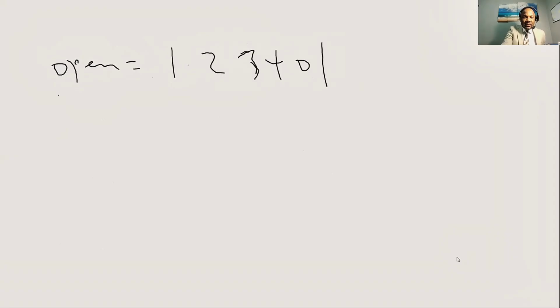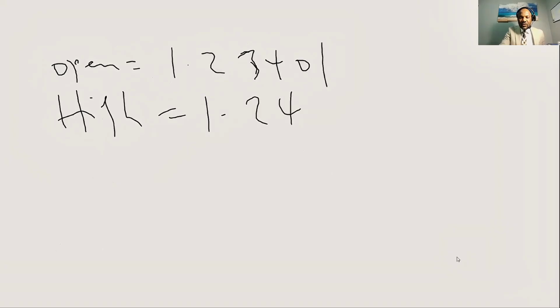We have 4 prices. A candle opens at an opening price of 1.23401. The high went to 1.24401.